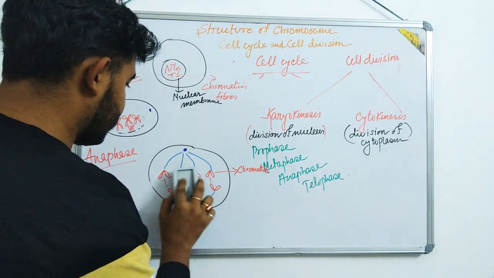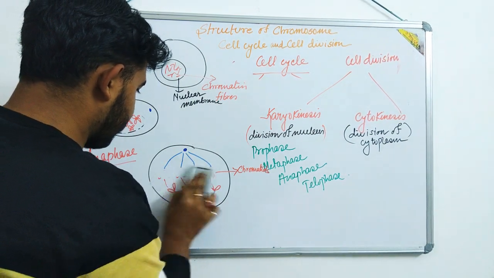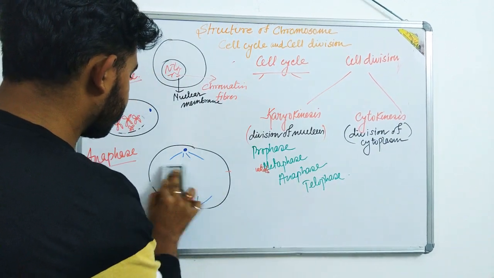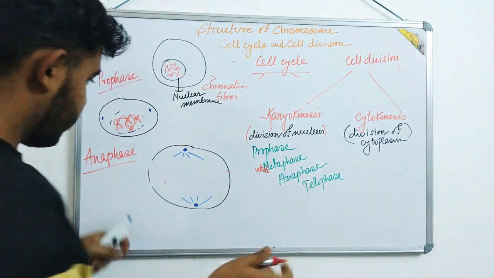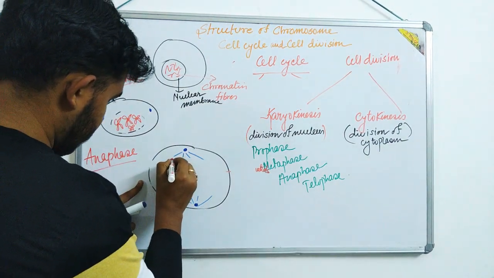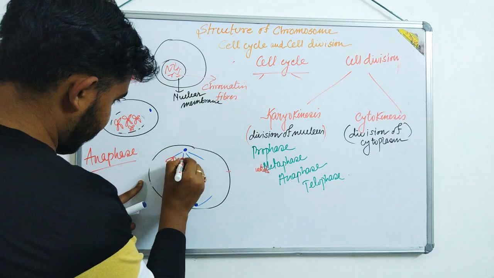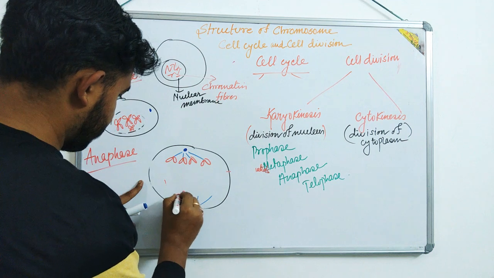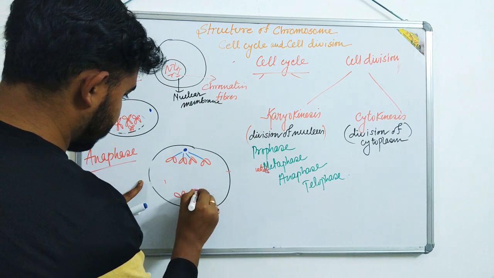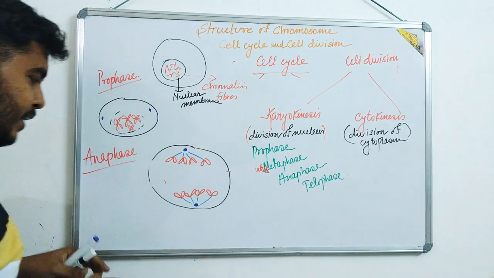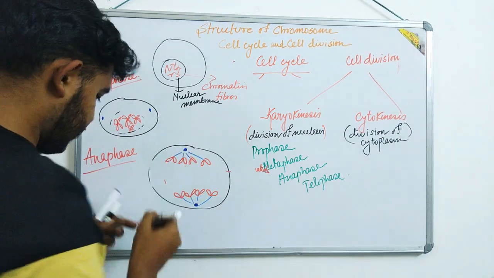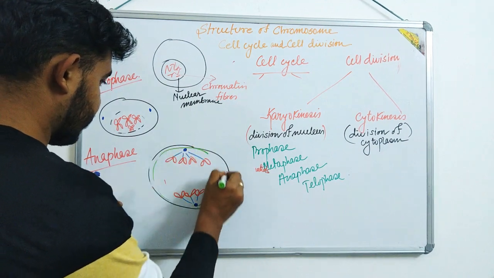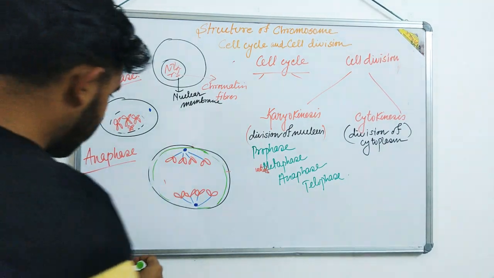Then what happened at the last stage? These chromatids reach the pole. Actually, it is late anaphase, and a very tiny nuclear membrane starts appearing around it. Sorry, that green one was the nuclear membrane, not the cell membrane.